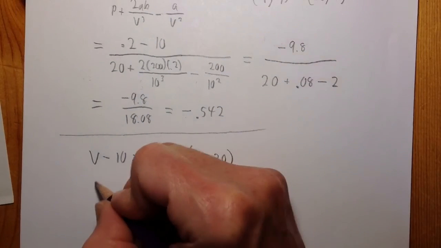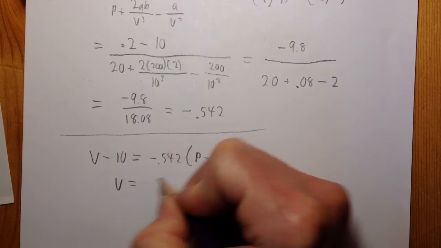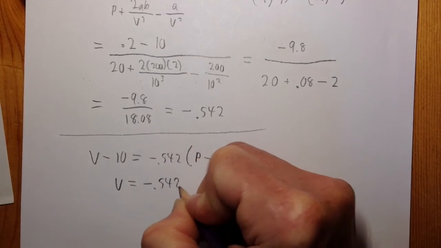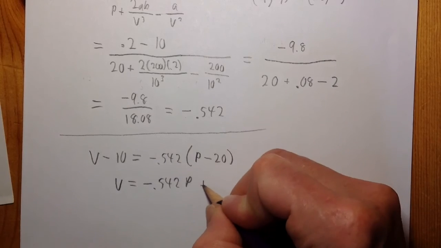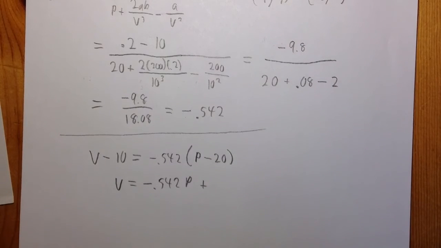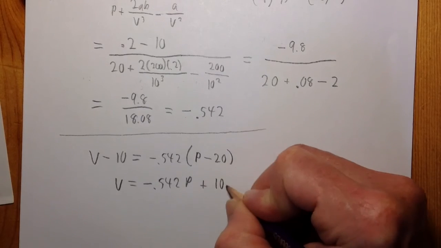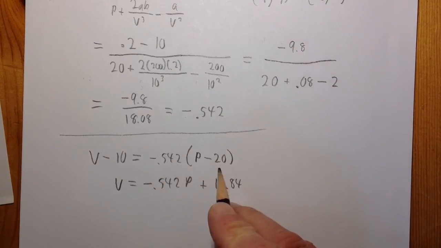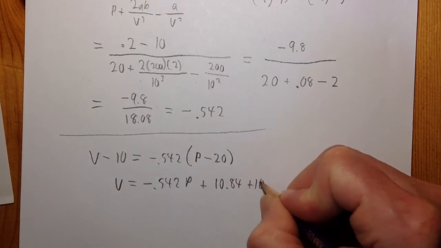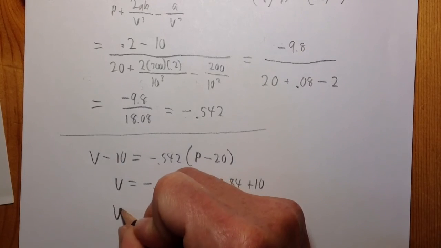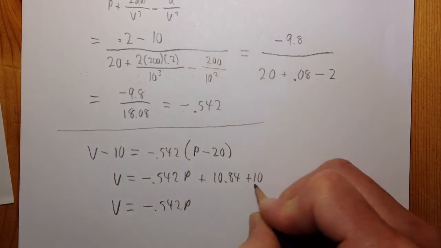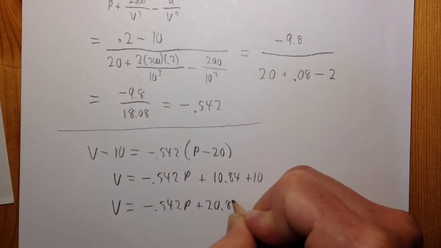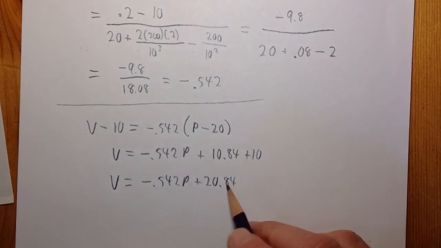Negative times negative is positive, so 0.542 times 20 equals 10.84. Put the 10 on the other side. Finally, the volume is negative 0.542 P plus 20.84. That is our linear approximation.